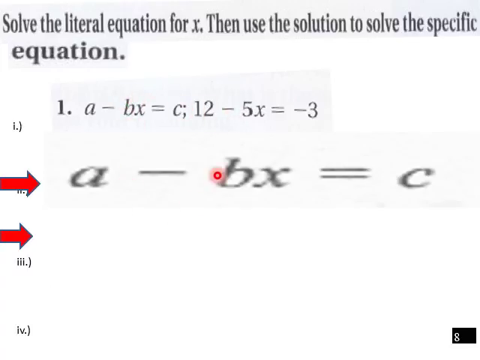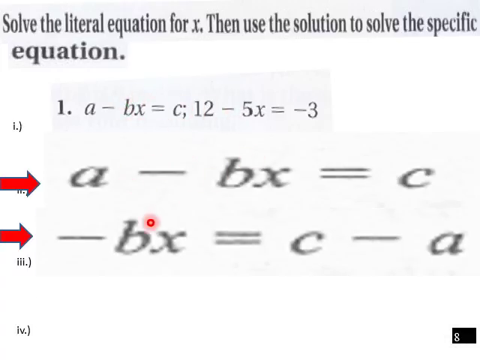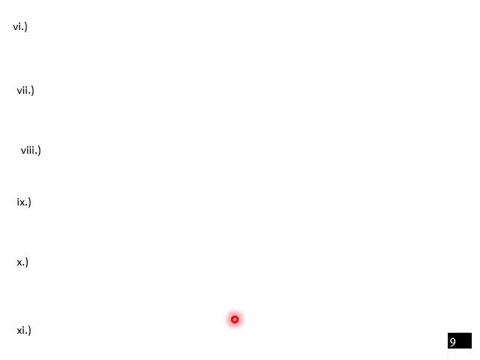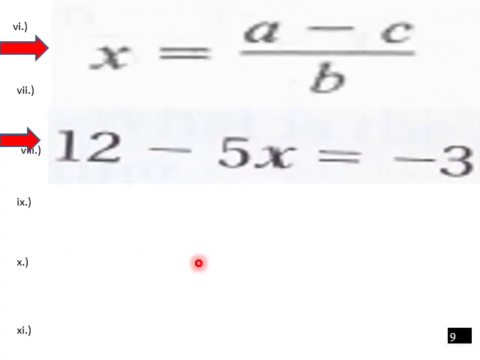Okay, for up here we're going to solve for x. We first move our a over to the right side by subtracting a from both sides. Then we divide through by negative b, and x equals c minus a over negative b. Okay, there's our formula.